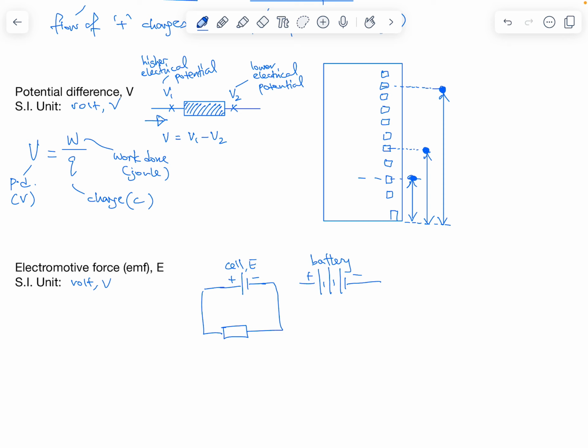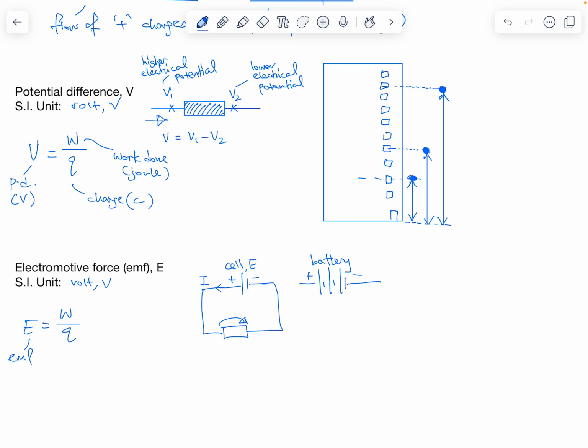That means to say how much energy is supplied to the positive charges as it flows through the circuit across a component, a resistor. So how the current flows through this resistor is because there is a driving force E. Okay, and this E has the same formula as potential difference.